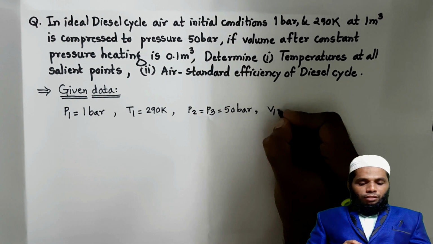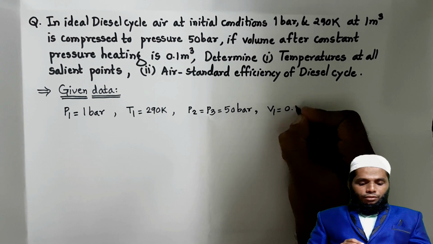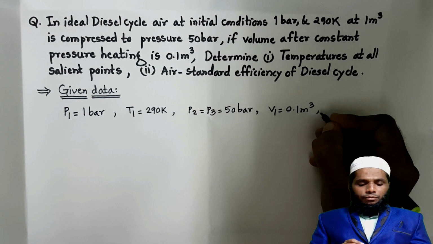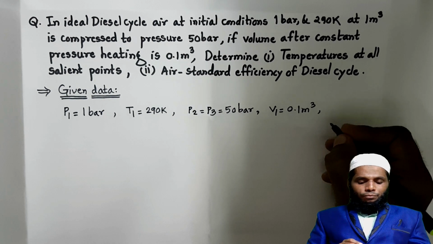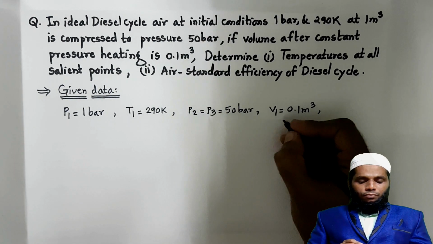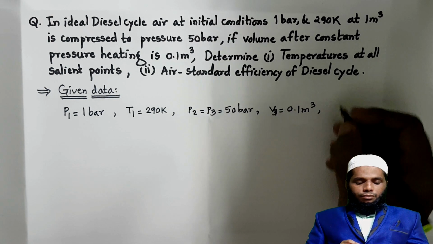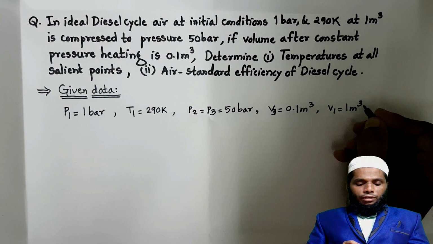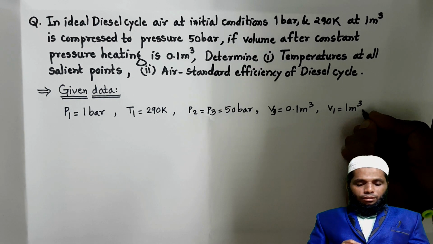So volume V1 and V3 are given for us. So we'll write these volumes. First volume that they have given for us is V3 0.1 meter cube, then V1 1 meter cube.